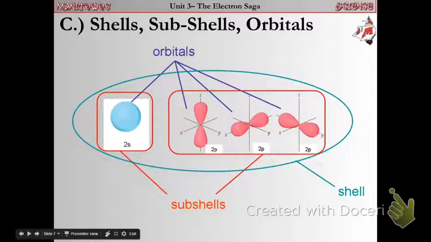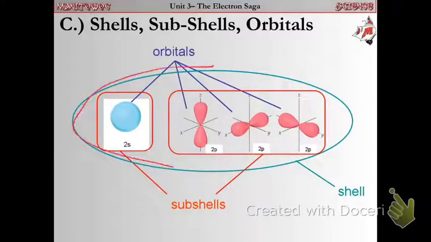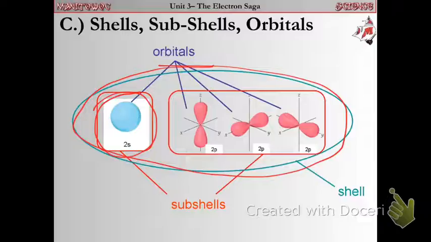Just to give you an idea of an organization structure, the shell, again, is the outermost circular area that we usually imagine electrons rolling in. And then the subshells are the individual shapes. We've got the circle and the peanuts. And the orbitals are the final rooms or the resting place for those electrons.